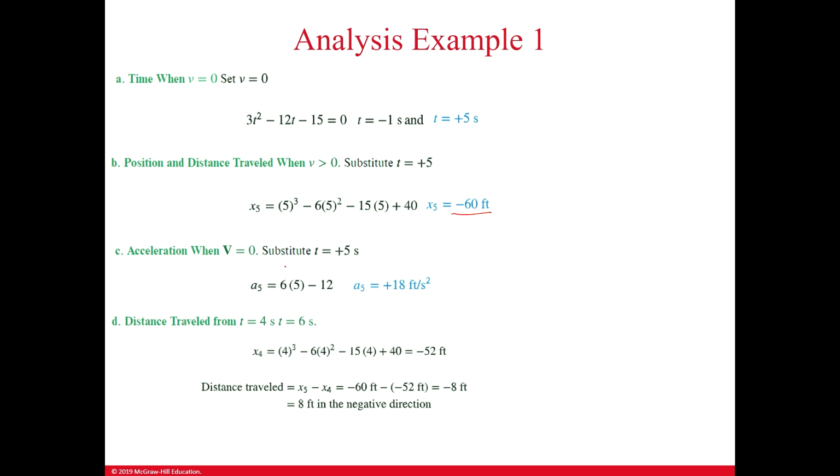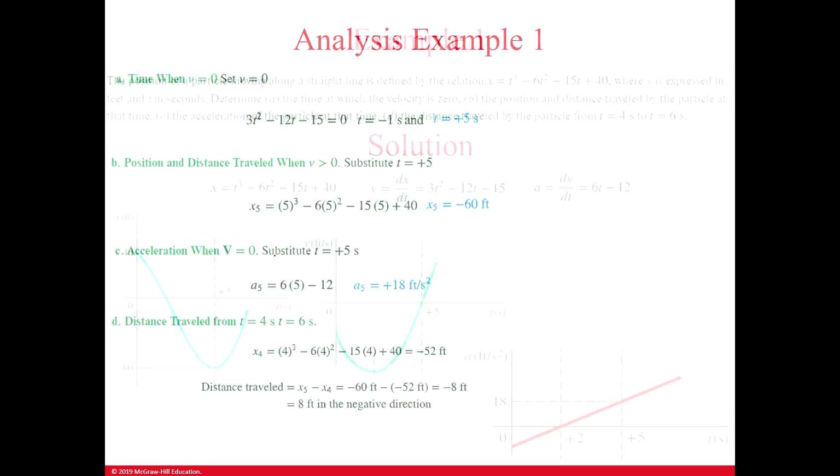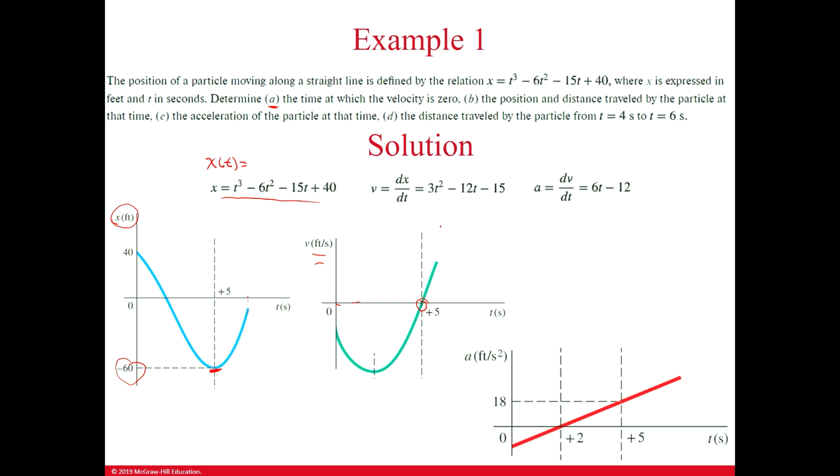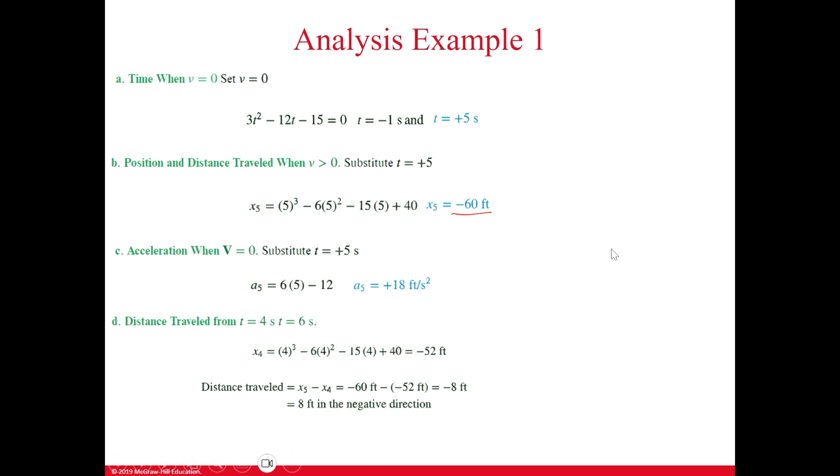Acceleration when velocity is equal to 0. Again, they're asking about acceleration, so go to your acceleration curve, and it is right here. If you're plotting it, you can see what that is. They didn't give us this number, so we're gonna have to just go ahead and check. Velocity would be equal to 0, so that is at t equals 5.